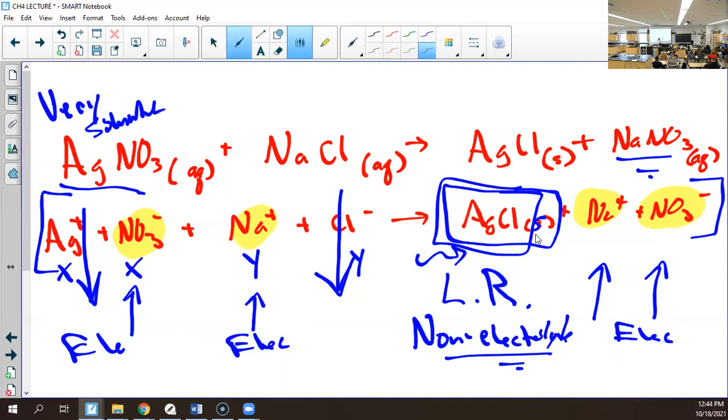If something is a non-electrolyte, the attractions between Ag and Cl are stronger than the attractions between Ag and the oxygen in water and Cl and the hydrogen in water. Water is a great thing at pulling things apart. But if the attractions are stronger, then water can't pull them apart. They stay together. And we say they're not soluble or they are non-electrolytes.